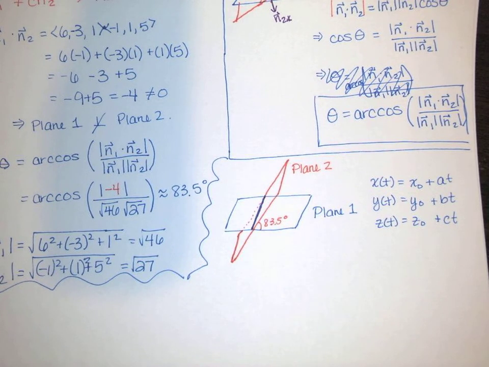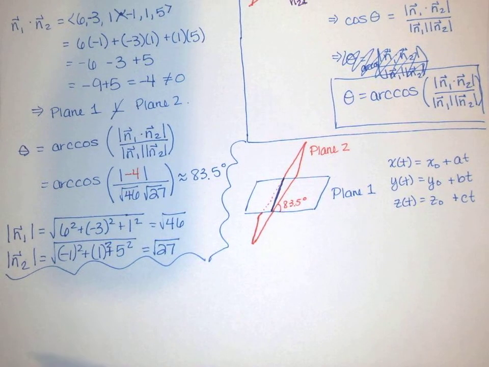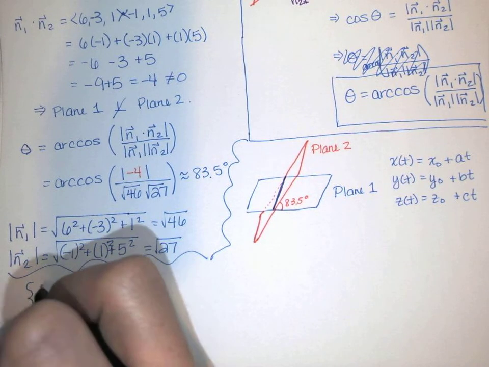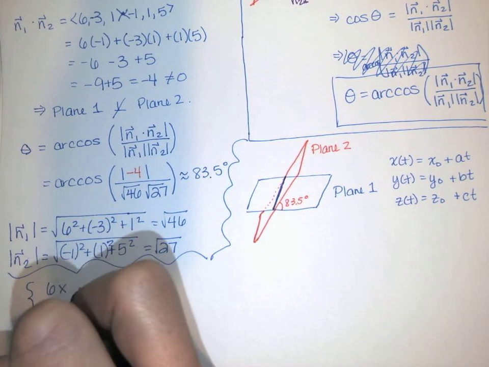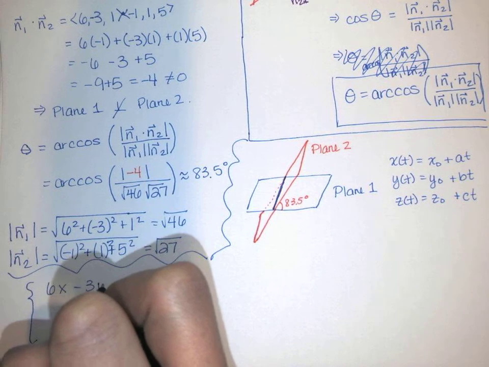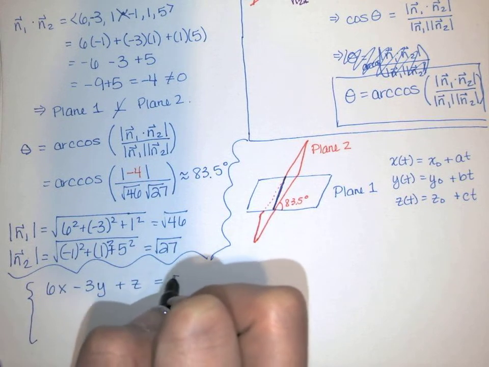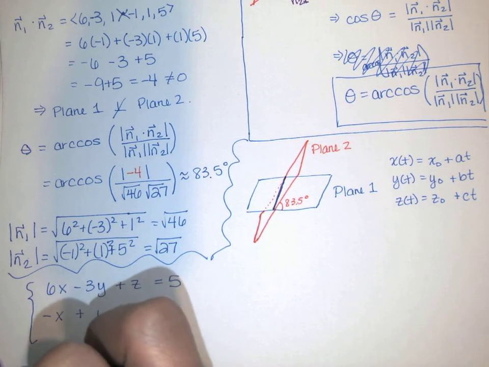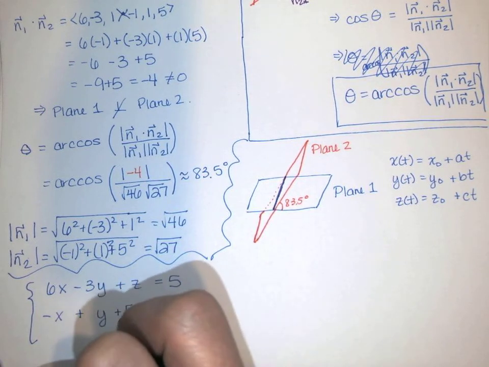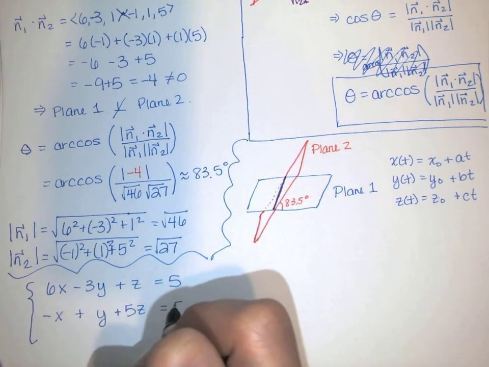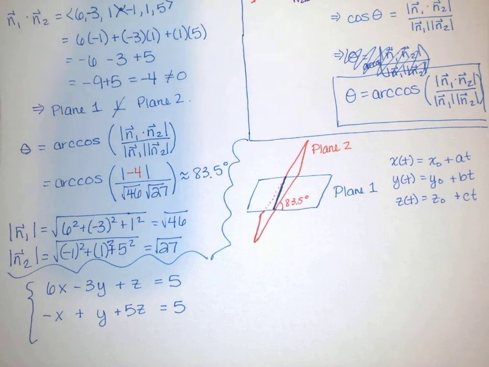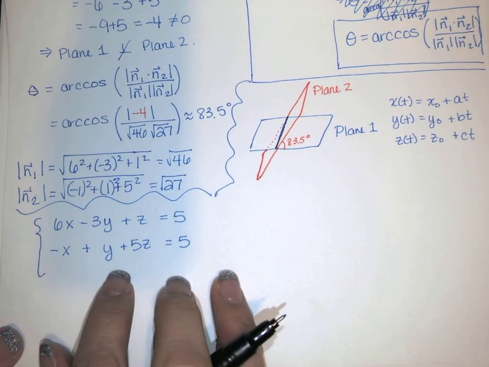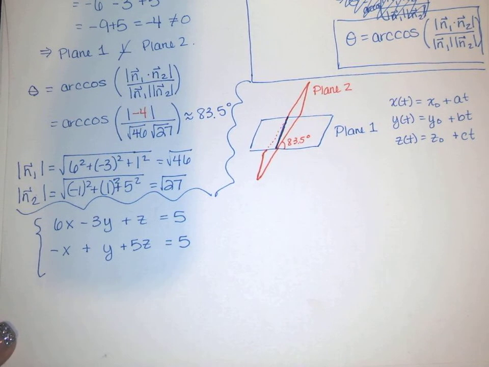Well, one way to do it is to simultaneously solve our system of equations. Now we've got two equations with three unknowns. I don't know if alarm bells went off in your head, but when I was a student, my alarm bells would go off and I'd say, hey, I can't solve a system of two equations with three unknowns.